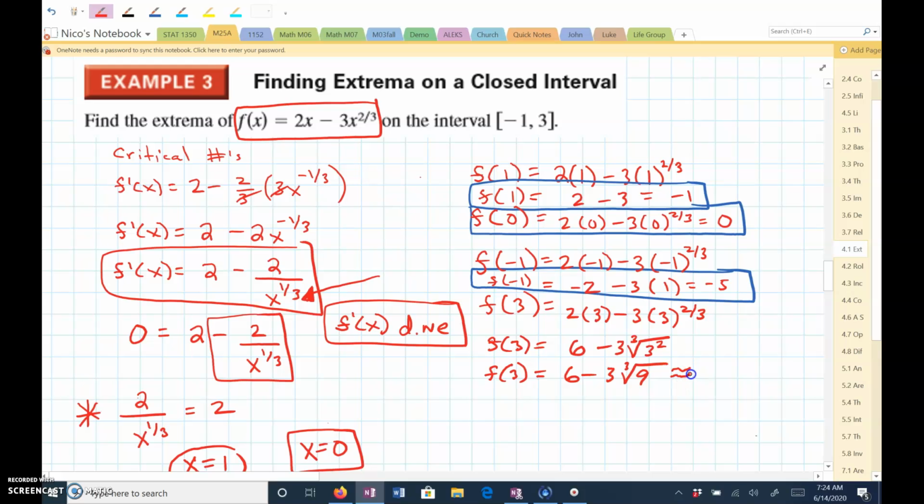Here we could use a calculator to evaluate this. This is going to be approximately negative 0.4025.